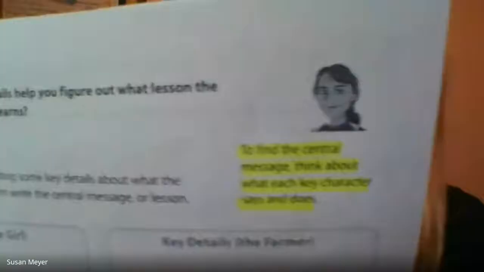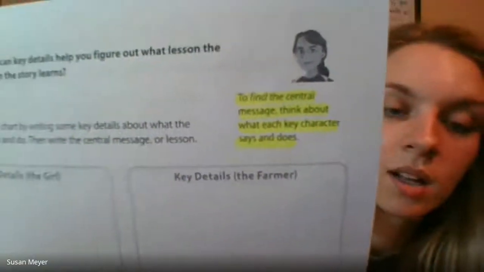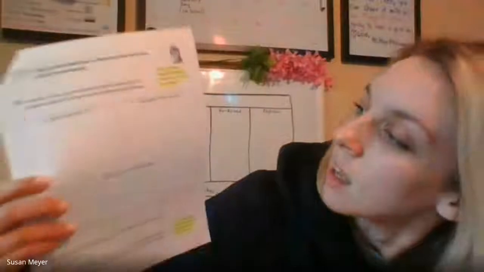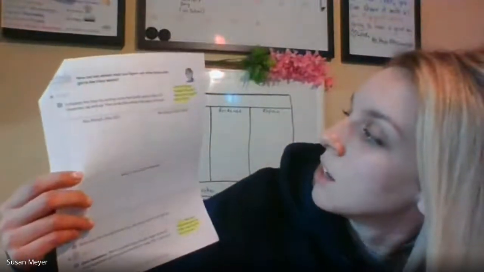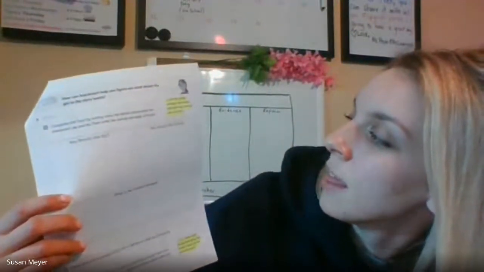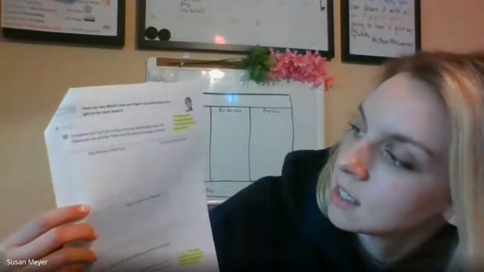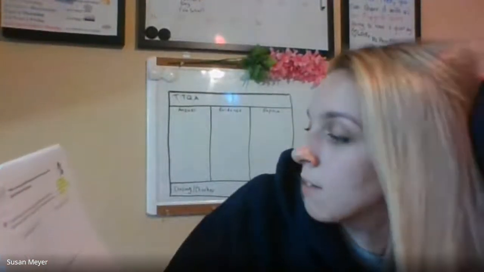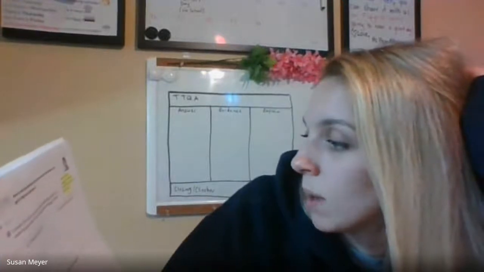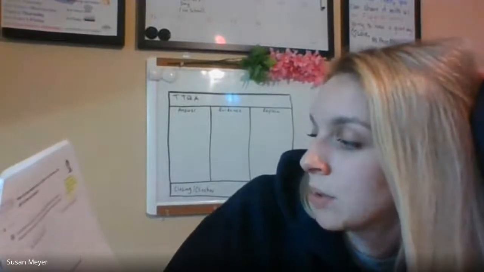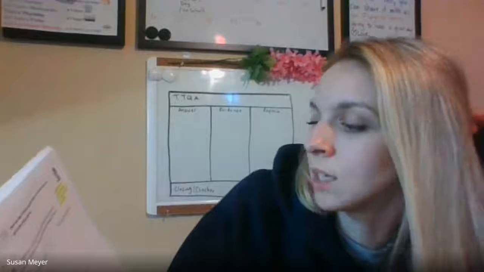If you look right here, this little girl tells you a little tip. To find the central message, think about what each key character says and does. Complete the chart by writing some key details about what the characters say and do. Then write the central message or lesson.